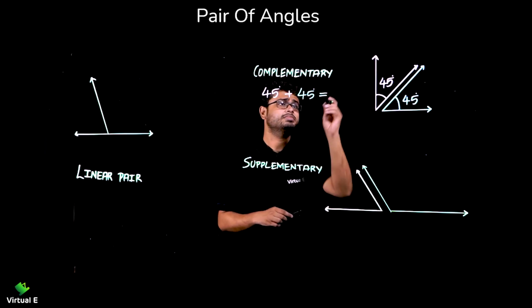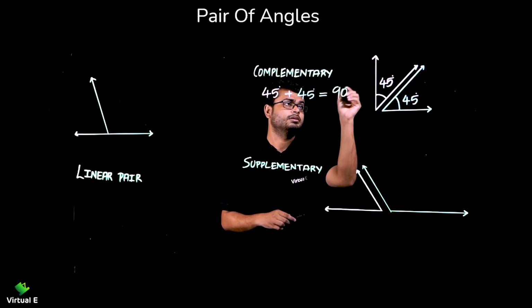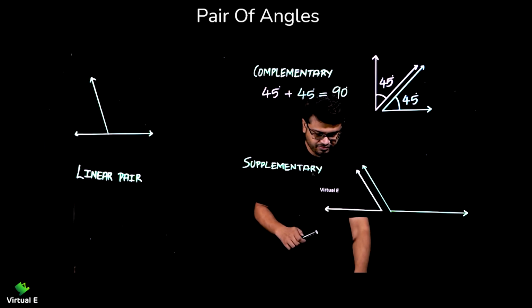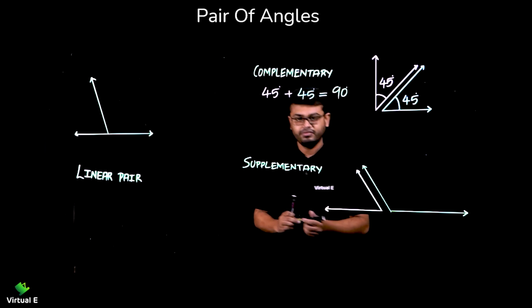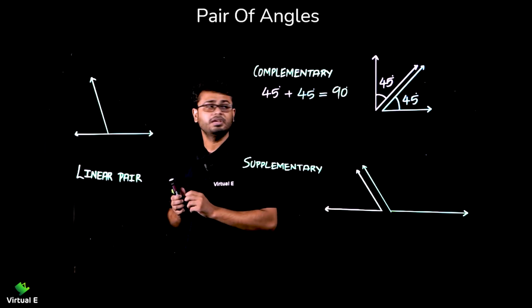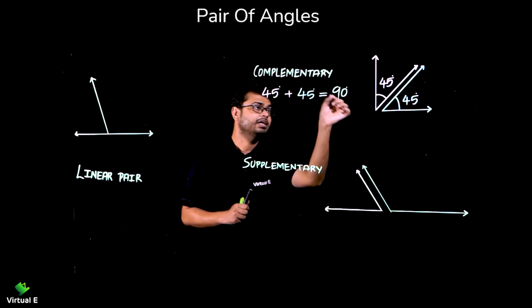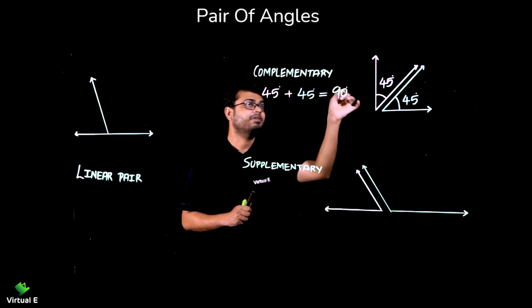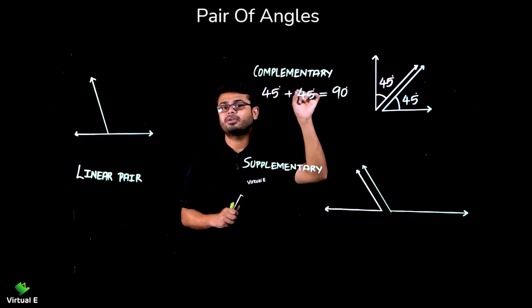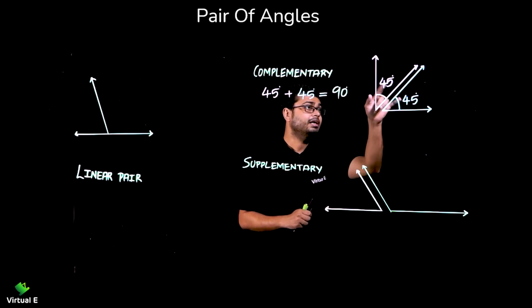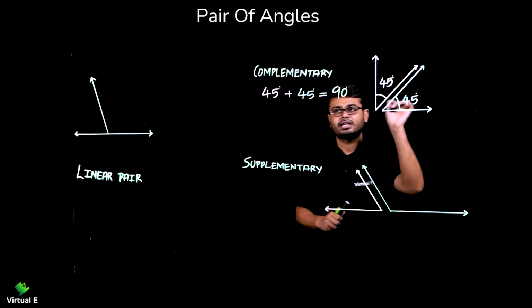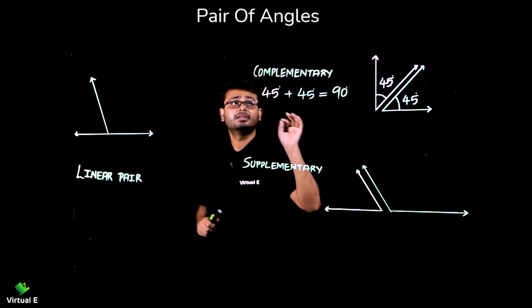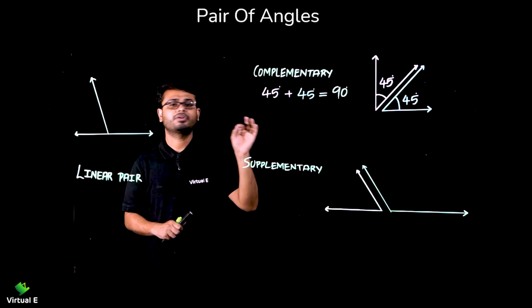That's very simple, 90 degree, right? So a pair of angles that if we add up and we get the answer 90 degree, that pair of angles is called complementary angles, right?